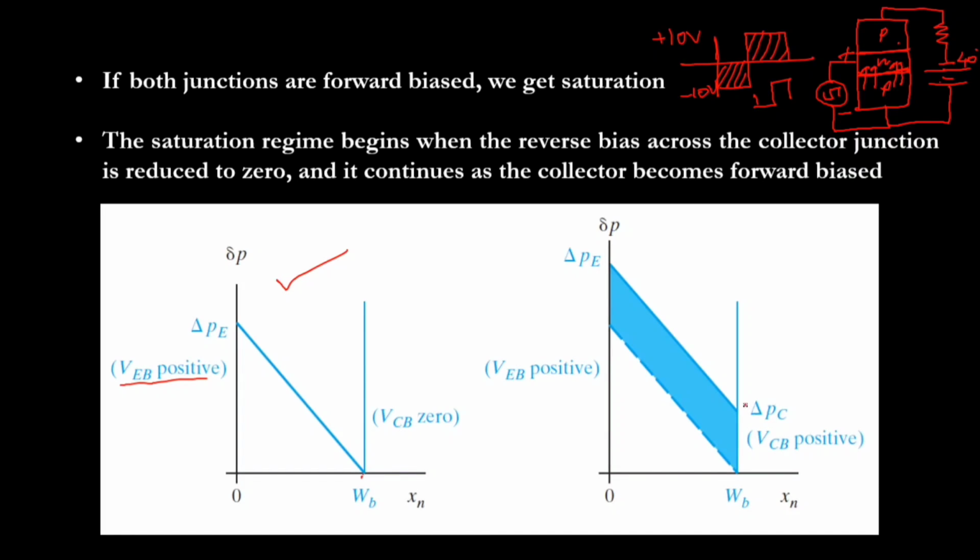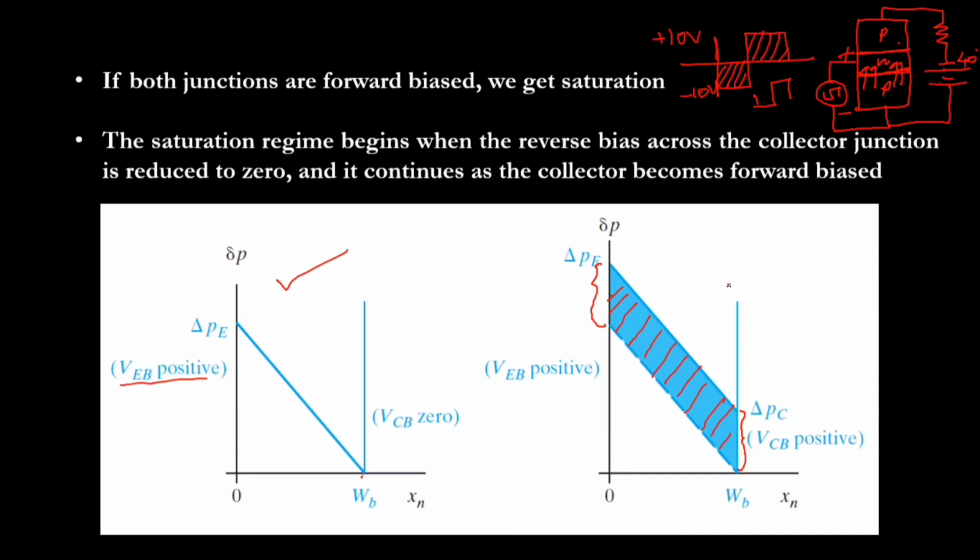Assume VCB is slowly increased. The excess hole concentration is increased from here to here. Definitely the excess hole concentration at the collector region also increases like this, as the area under the curve basically gives the excess hole concentration in the base region in oversaturation mode.